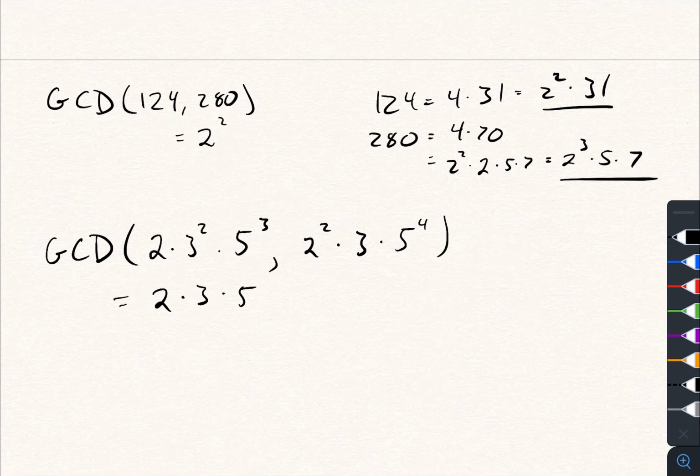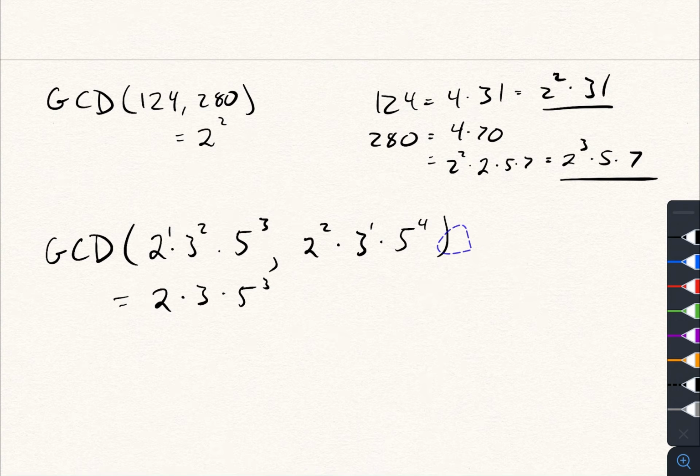But if I did just 5 cubed, that is going to divide both 5 cubed and 5 to the 4th. So this is going to be the greatest common divisor of both of these two numbers. You really just go one by one, and pick the smallest power for each of these numbers. So 1 is smaller than 2, 1 is smaller than 2 again, and 3 is smaller than 4.